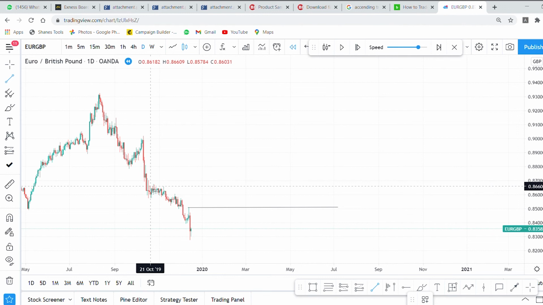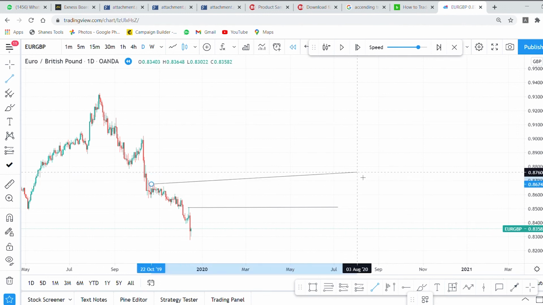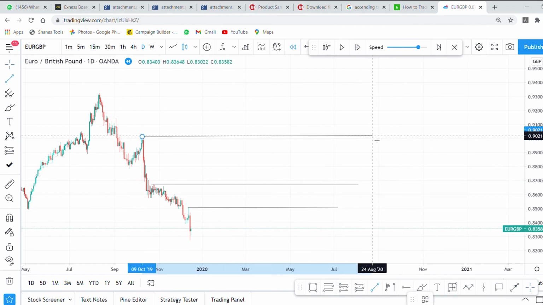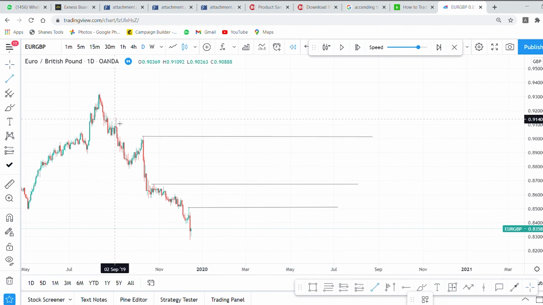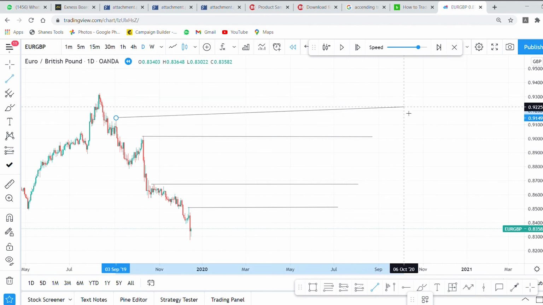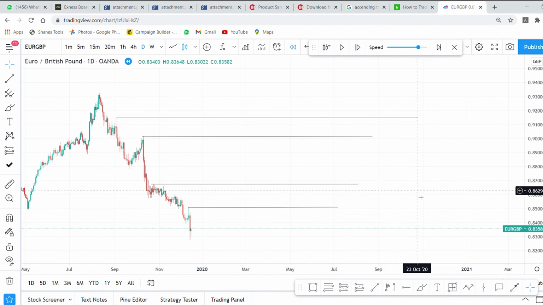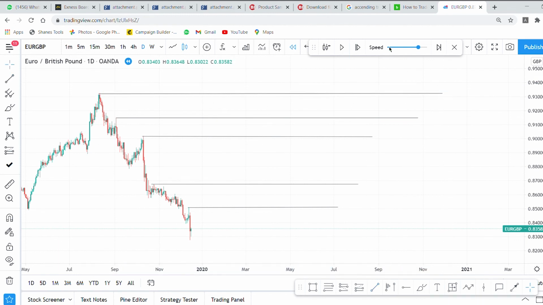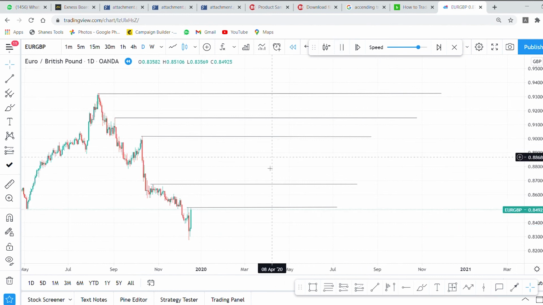If you go to a lower time frame, this is another high. All right. Now, this is another high. Okay, these are liquidity zones, and this is another high. The liquidity zone. One more. And this is another high on the liquidity zone.